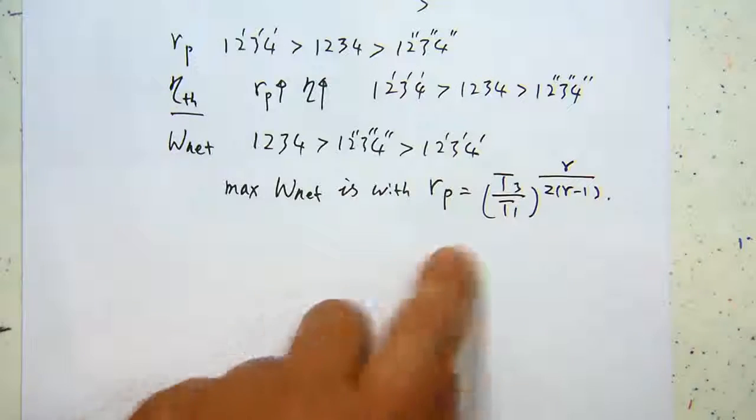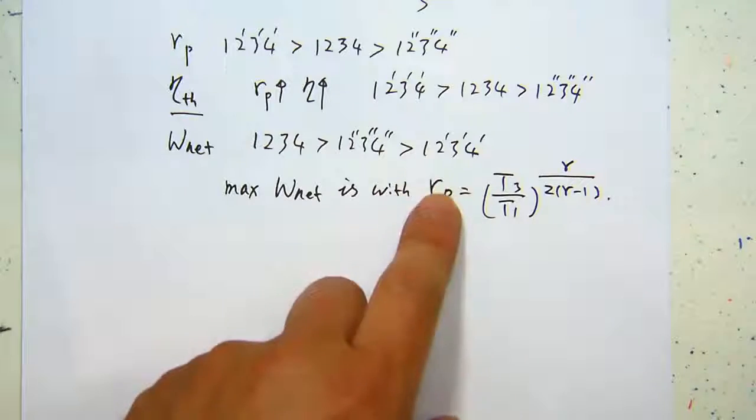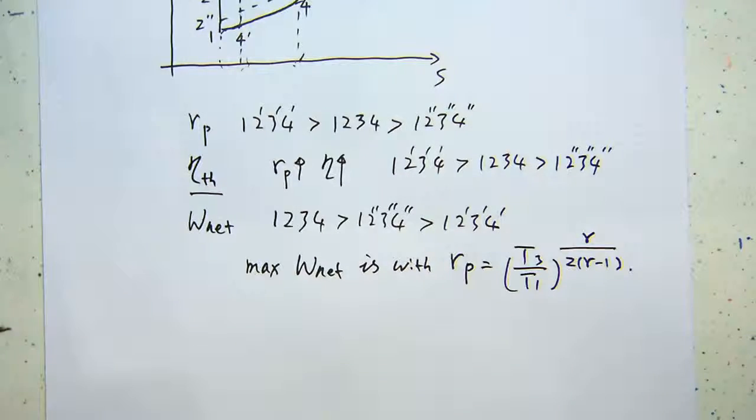Okay, so this is saying that if you set the pressure ratio at this value, you can have the maximum work output. Certainly not necessarily the highest efficiency case.